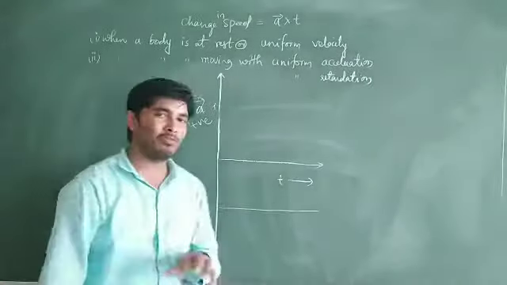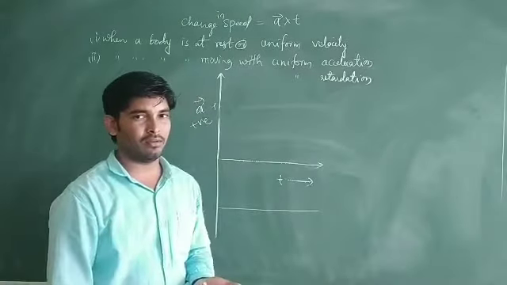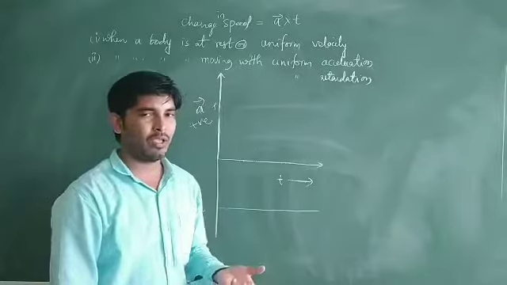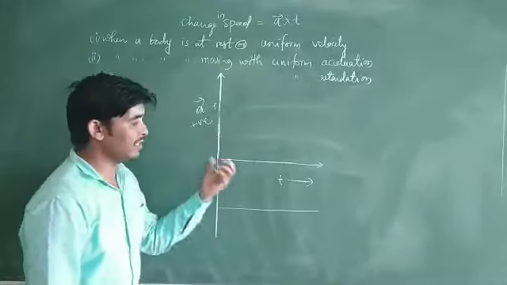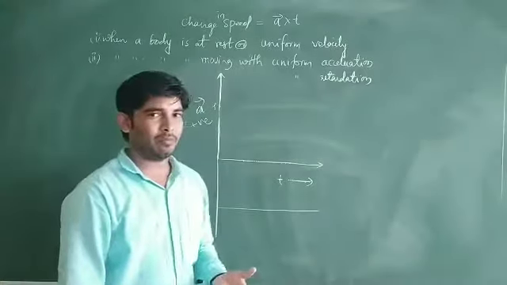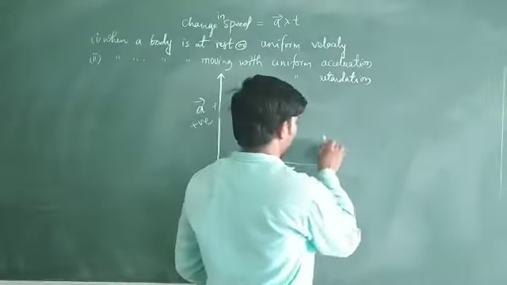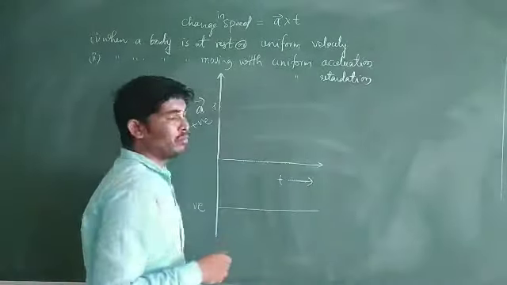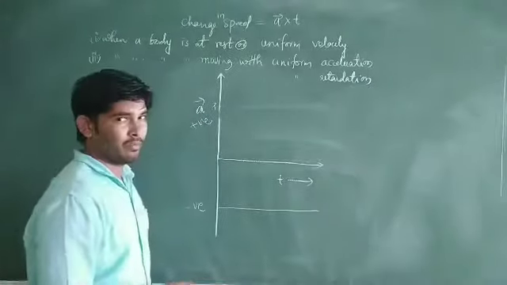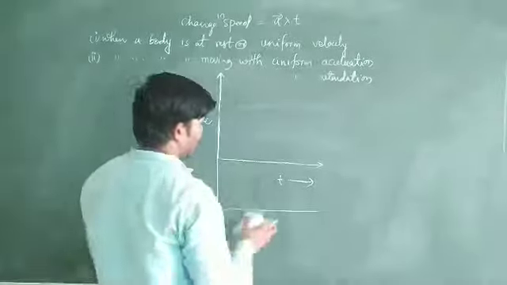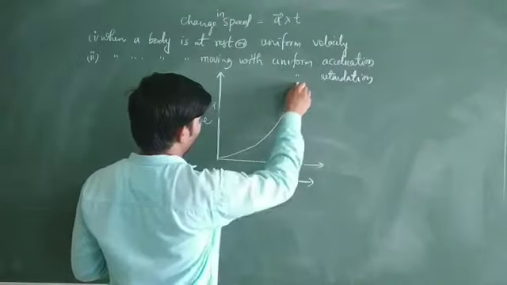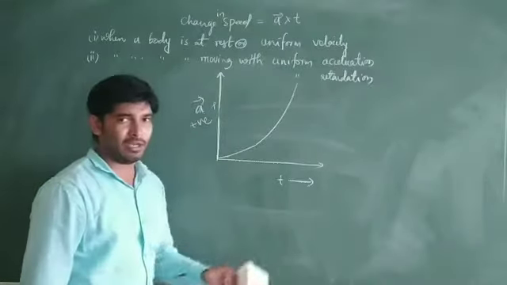If a body is moving with non-uniform acceleration, then the velocity of the body continuously changes with time. In such a case, the acceleration time graph is a curve of any shape.